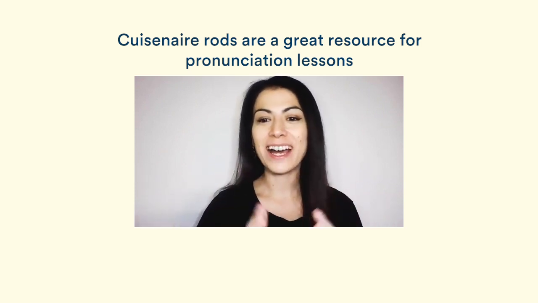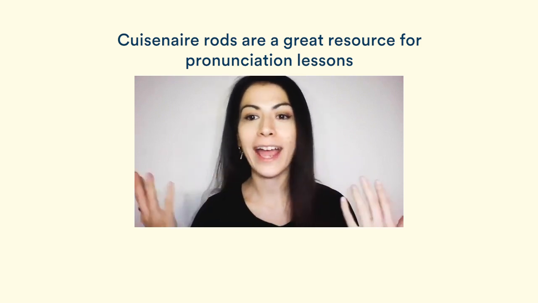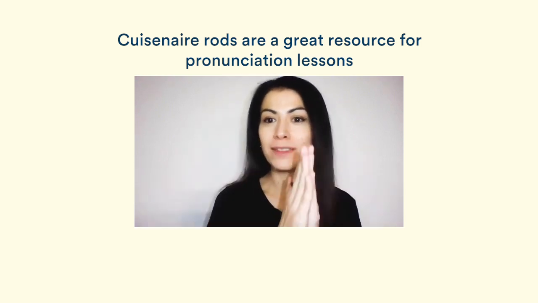And if there are any words that we pronounce together, like for example, we don't say "I have," we say "I've," I bring the rods together just to visually show that.